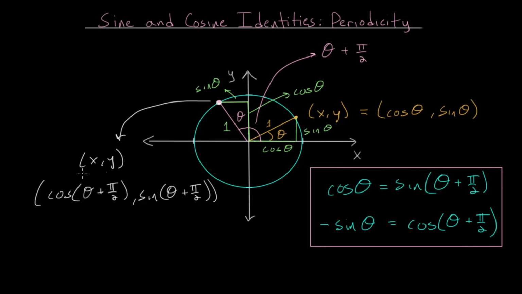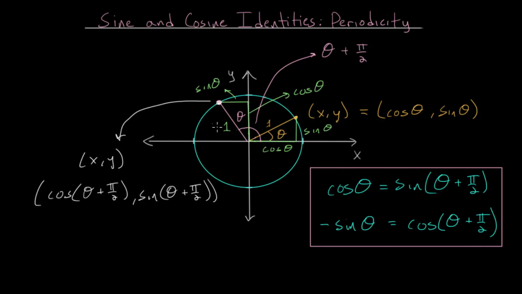Knowing the x and y coordinates, we can compare those to this component here and this component here, which originally came from this triangle. By shifting this triangle, now this horizontal component is the sine of theta, and this vertical component is the cosine of theta.